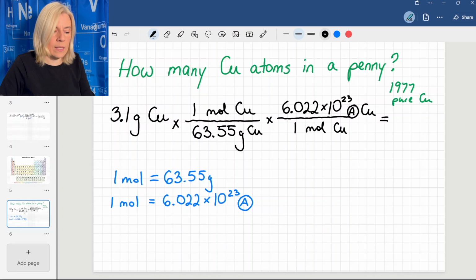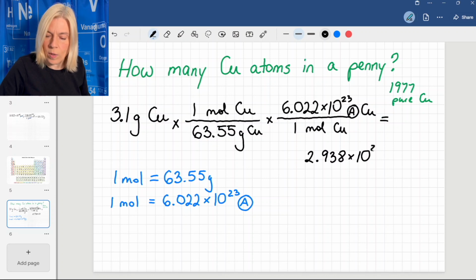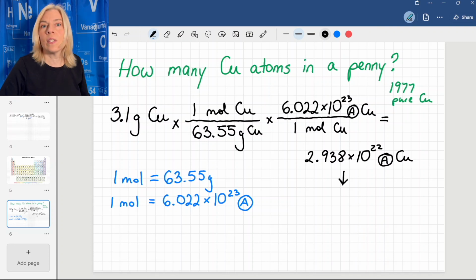And when I plug these numbers into a calculator, I'm going to get 2.938 times 10 to the 22nd atoms of copper, but let's use our significant figures. The first number has only 2, so I should report my answer with 2 sig figs.